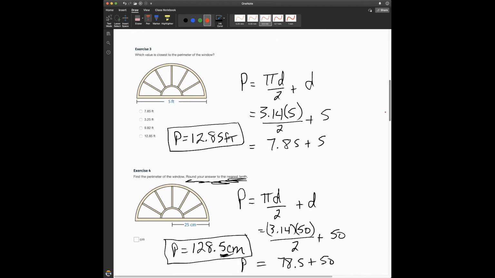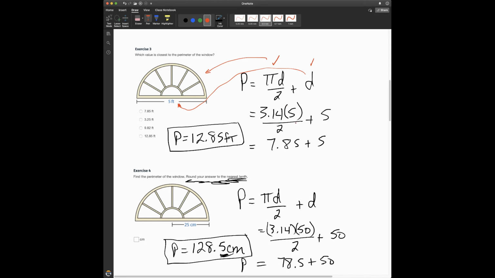Problem number 3, which value is closest to the perimeter of the window? So I have to calculate the perimeter. So remember, this part of the formula gives me half of the circumference of this circle, and then this part of the formula gives me this diameter. So adding those together will give me the perimeter.